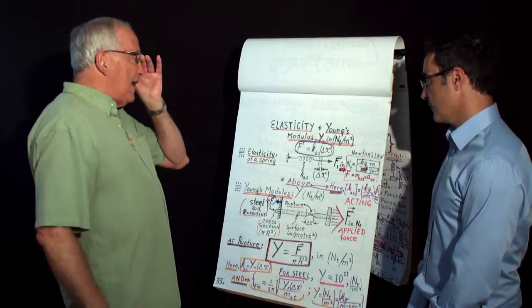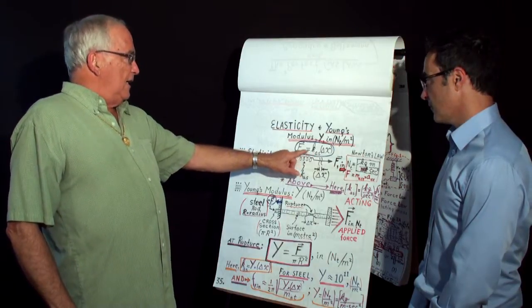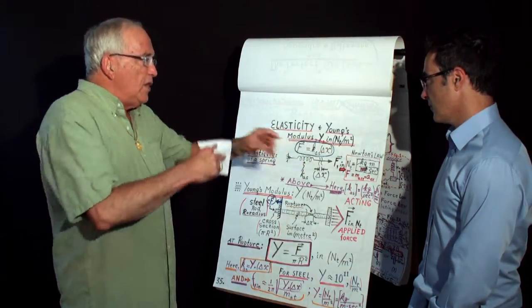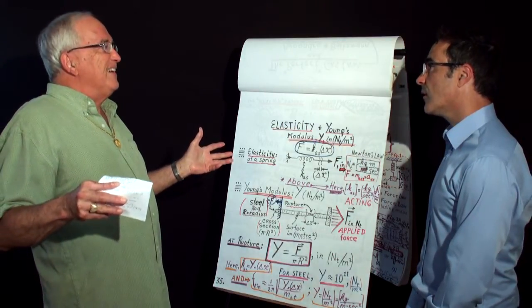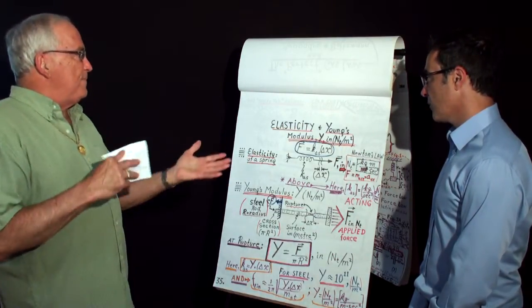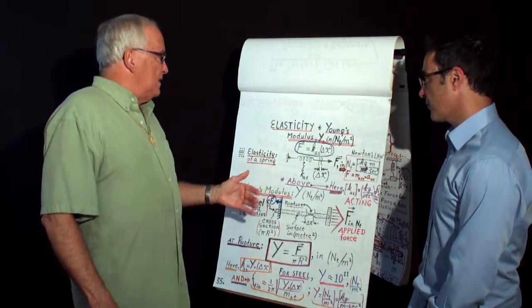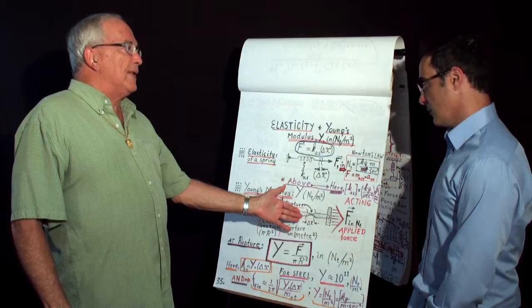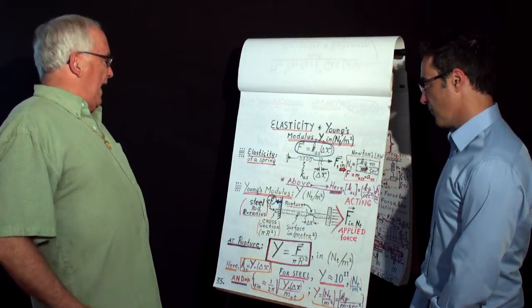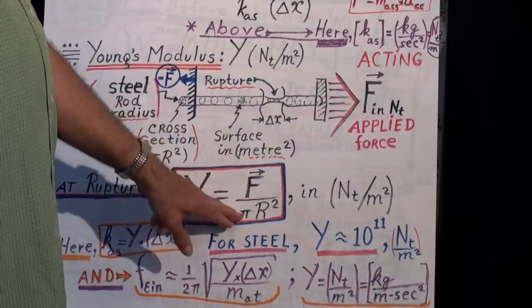It takes a certain force, and if you elongate it to a certain distance, it will break apart. So the same type of concept applies to an atom as it applies to a whole piece of metal like this.